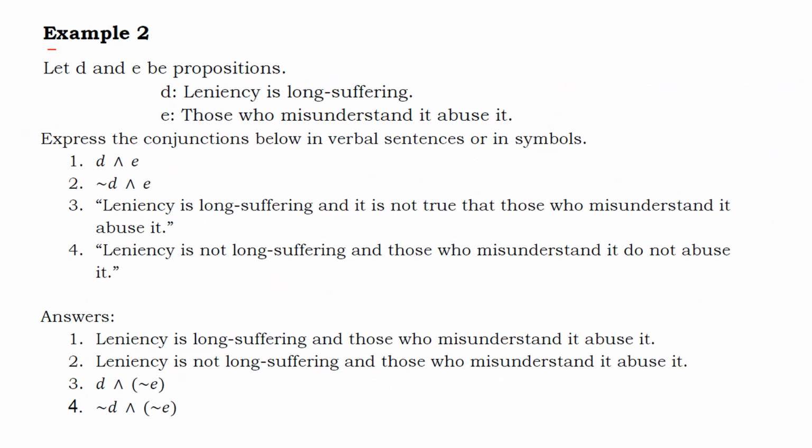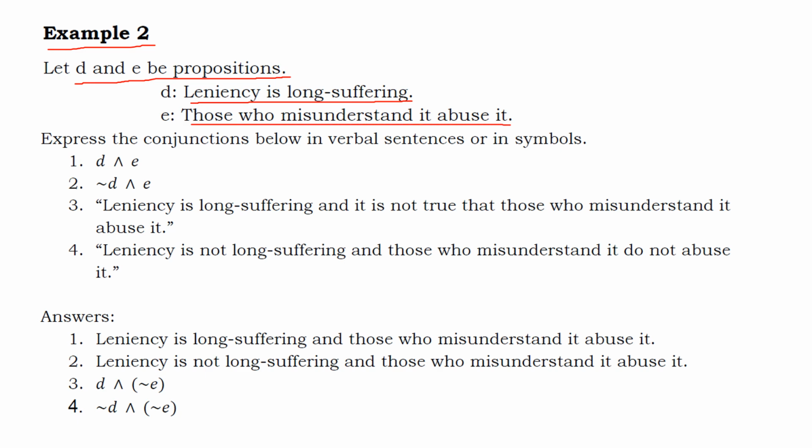For example number 2, let D and E be propositions. So we simply use two propositions here, your proposition D and your proposition E. For your proposition D: leniency is long-suffering. That will be your proposition for D. Now for E: those who misunderstand it abuse it.